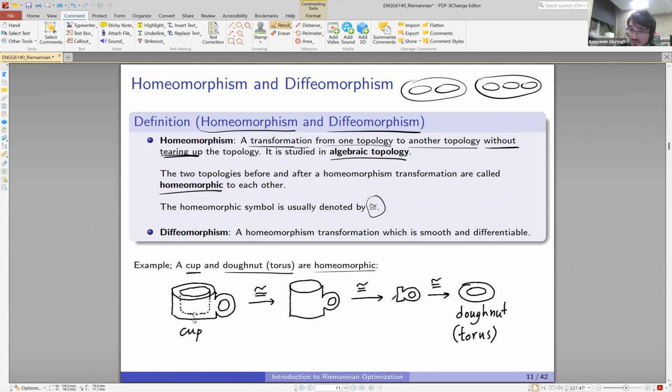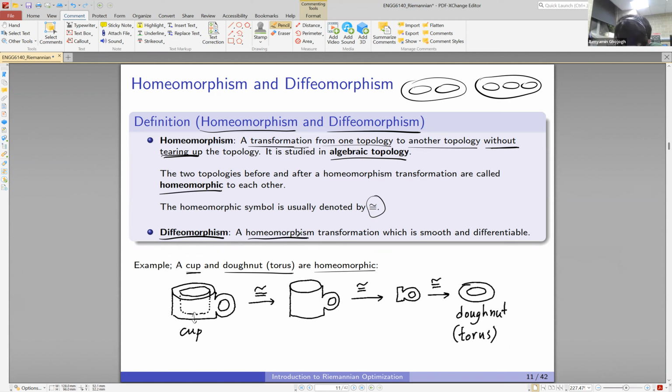I'm just deforming it. I'm not tearing it up. And then I can shrink this completely, so it becomes like a donut. So gradually you can see I can make this to this, and this hole in the donut or the torus is the hole for the handle of the cup. Right. Okay.